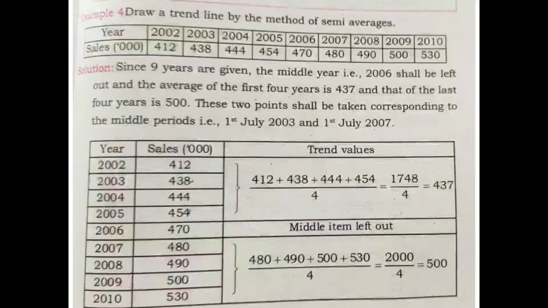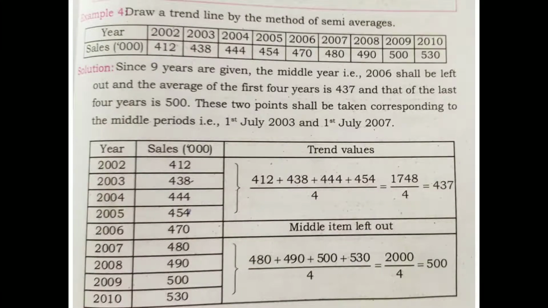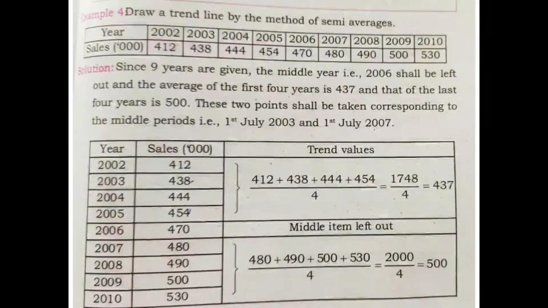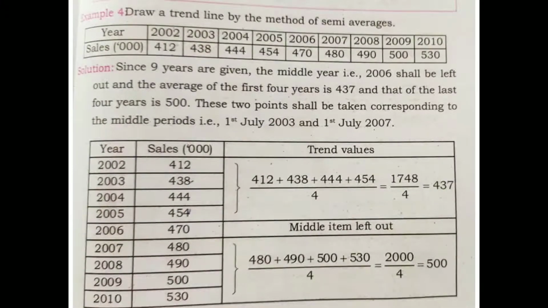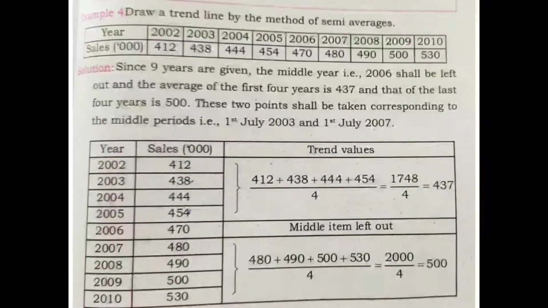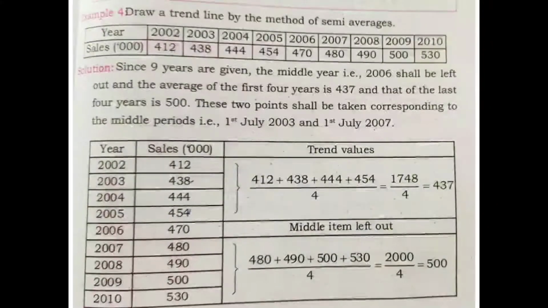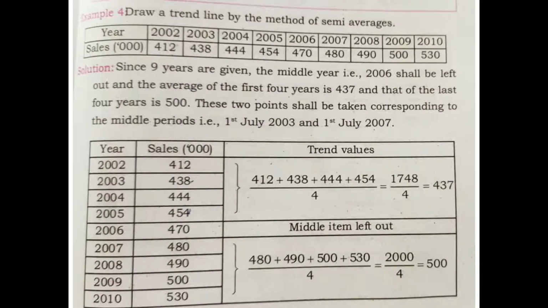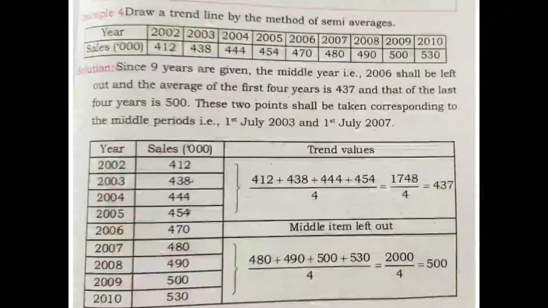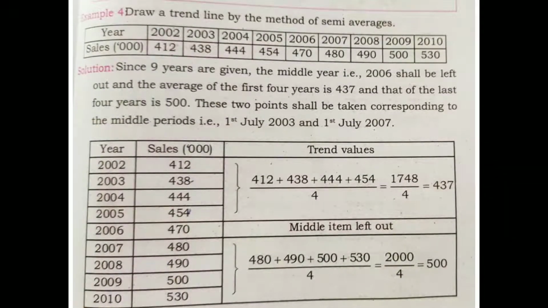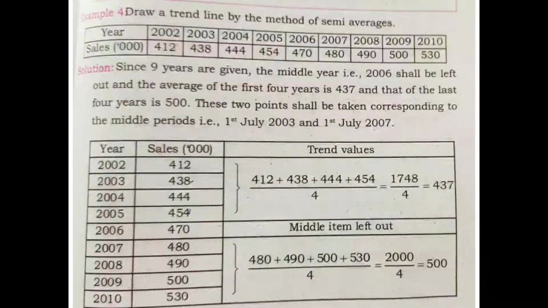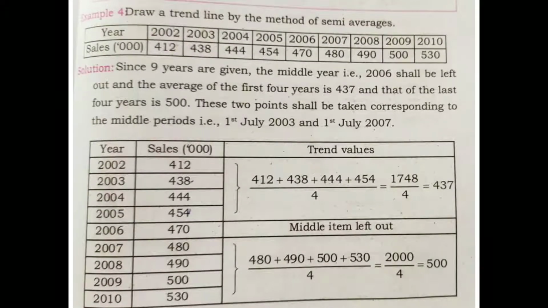So 9 years you can't divide into equal parts. 4.5 you can't divide, so you make groups as the first 4, leave 1 in between, and the next 4. In the solution, the first 4 years are grouped, 2006 is left out, and the rest 4 are added. So the averages of the first 4 and last 4 are taken.